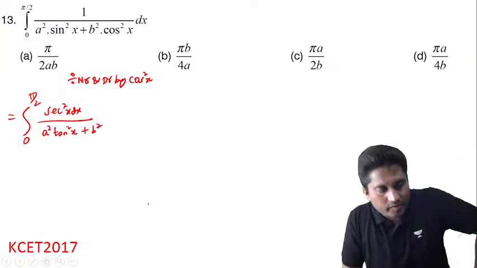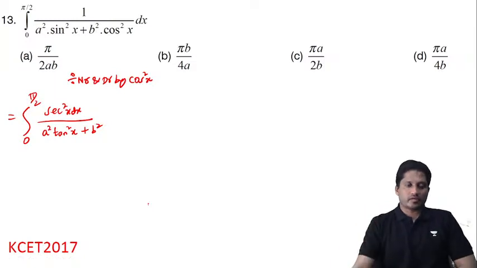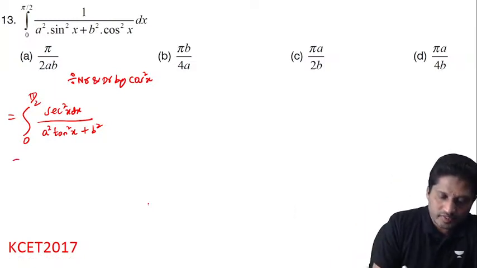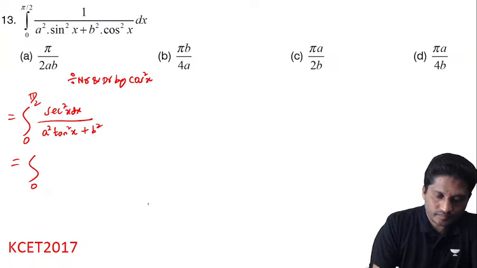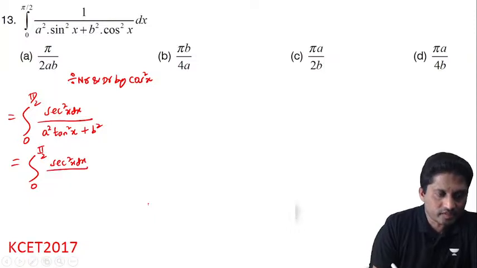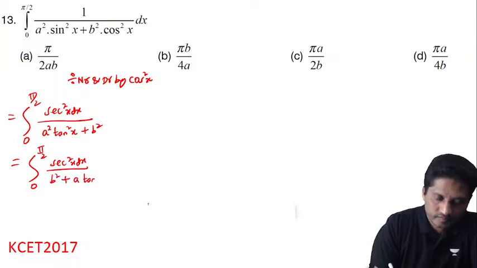I'm just dividing numerator and denominator by cos square x. So this can be written as 0 to pi by 2, sec square x dx divided by b square plus a tan x the whole square.